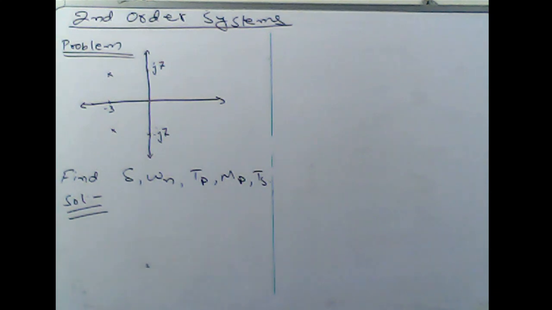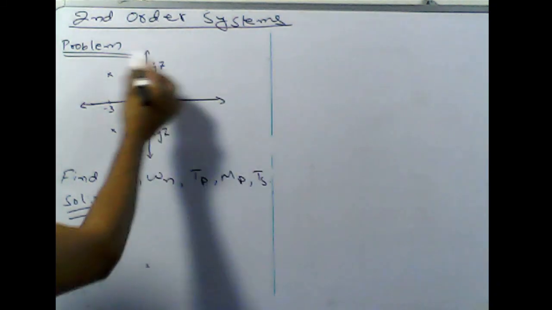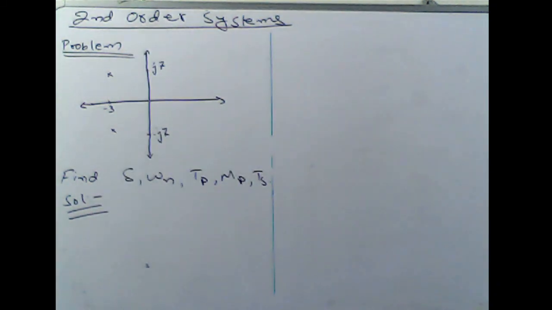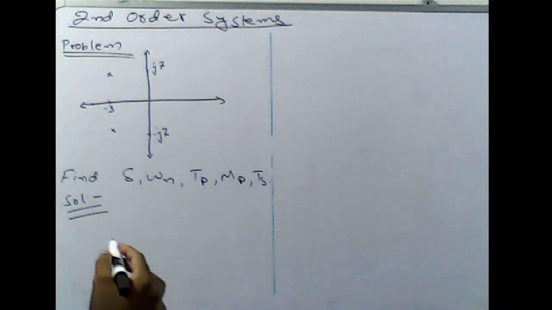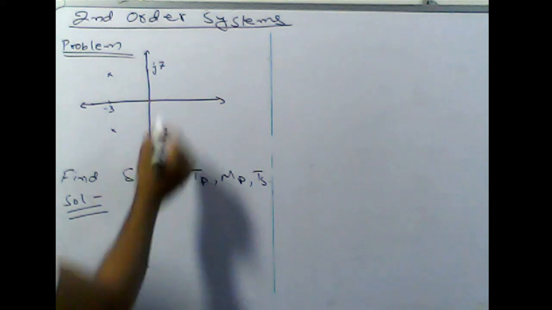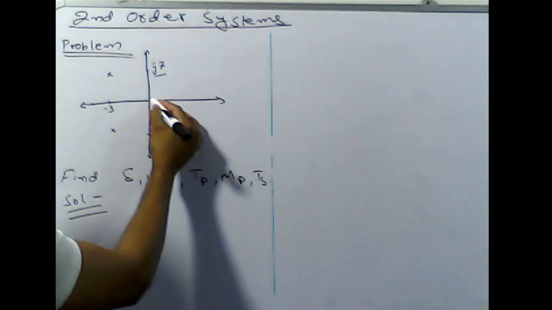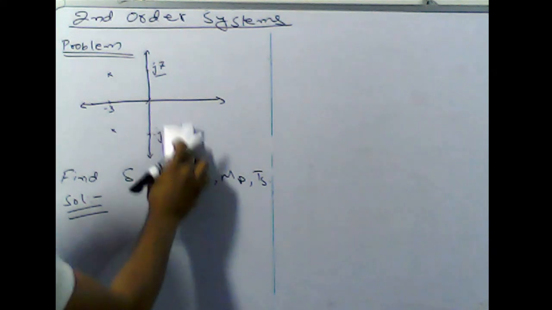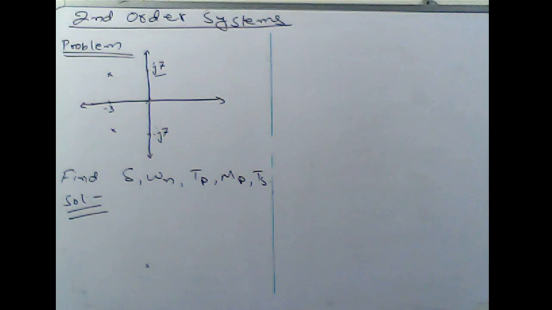Here we have another problem. In this problem, we are only given the S-plane graph of a second order system. Here, the distance from the origin to this point is j7, and the distance from the origin to this point is minus j7.